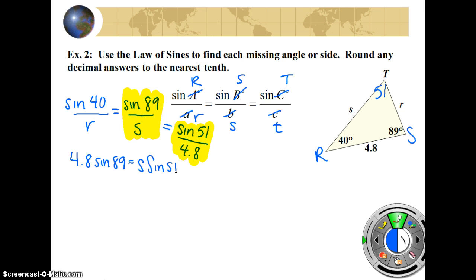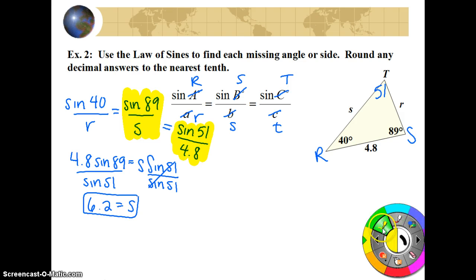We want to get S by itself, so we're going to divide by the sine of 51. And then we will enter this into our calculator. 4.8 times the sine of 89 equals, divided by the sine of 51. And we get 6.2 whenever you round. So we found S.